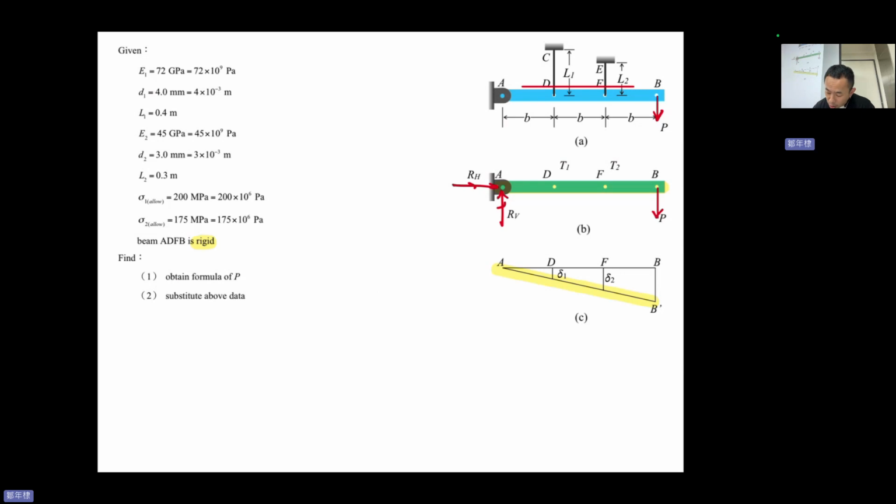So L1 and L2 have tensions T1 and T2. Again, we don't know the direction, so we assume up. These forces need to be balanced. Firstly, because there's no horizontal force, RH equals 0, no problem, right?